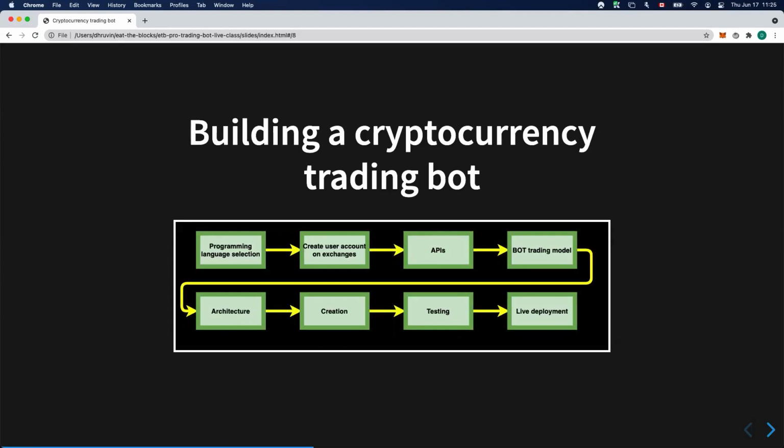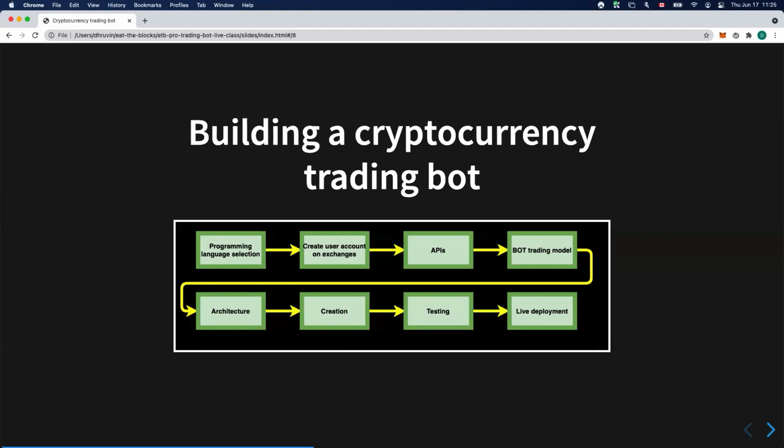I am proficient in JavaScript, so I'll say I want to program a trading bot in JavaScript. Next, you need to go to the different exchanges where you would like to trade and create an account there. There is an assumption before we start the demo that you have already created your account on the exchange and have access to the API keys.